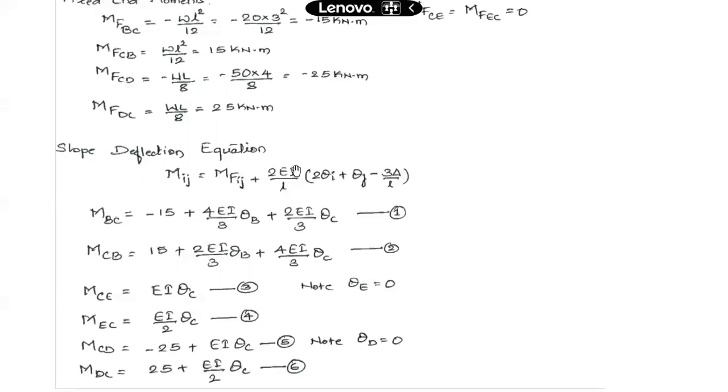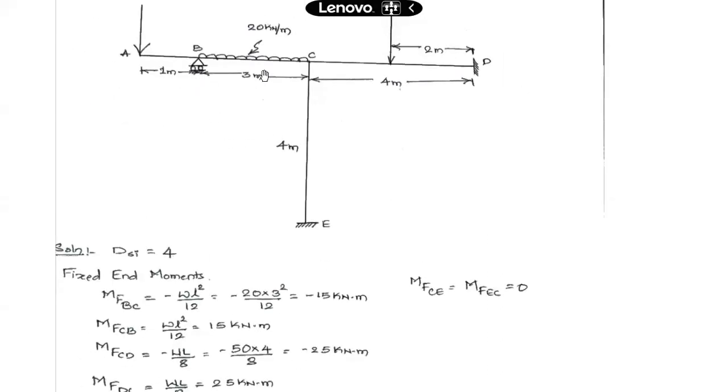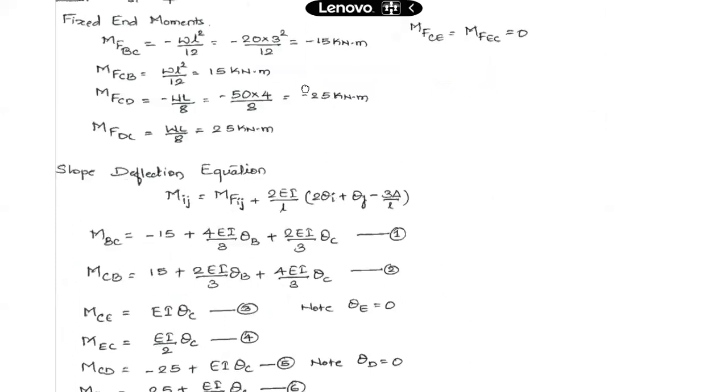The respective I value and L value for this member BC will be substituted in this equation. The fixed end moment for BC, the moment of inertia of span BC, and the length of span BC will be used in this. So that has been substituted.